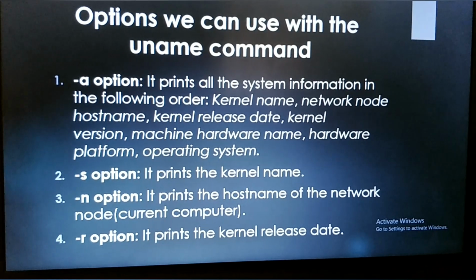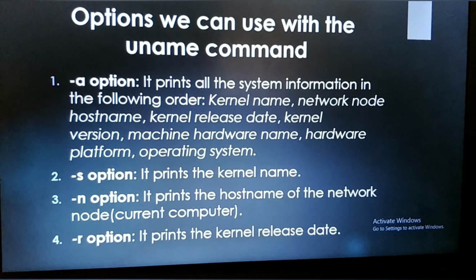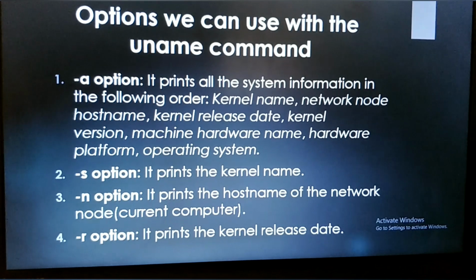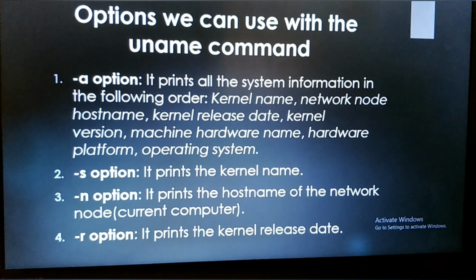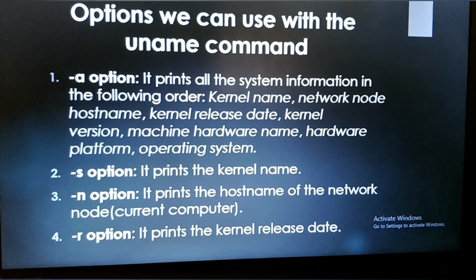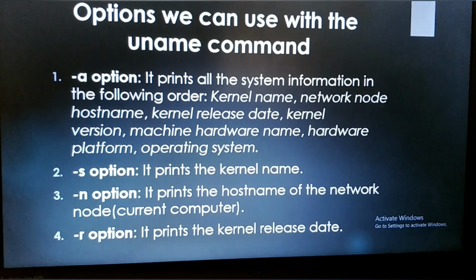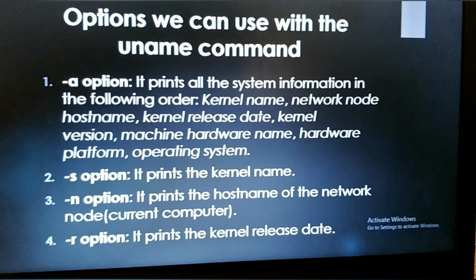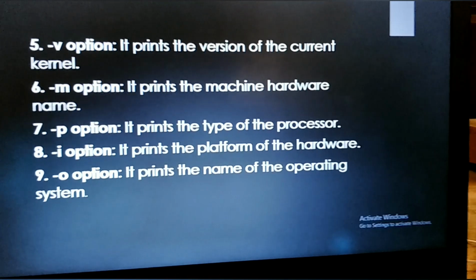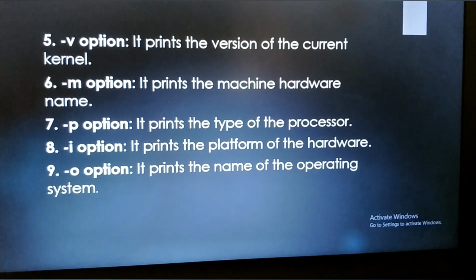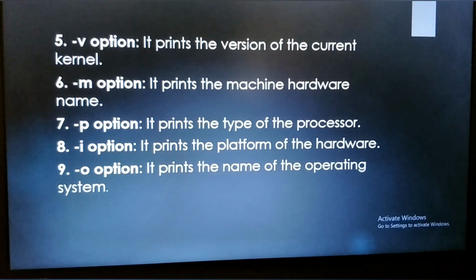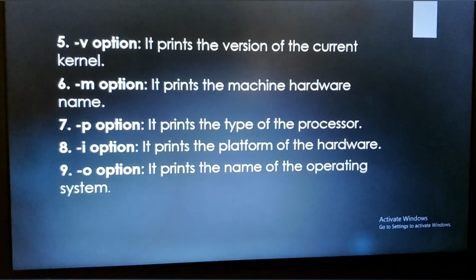The third option, the -n option, prints the host name of the network node which you are using. The fourth option is the -r option. It prints the kernel release date. Moving on to the next option, we have the -v option. The -v option prints the version of the current kernel.